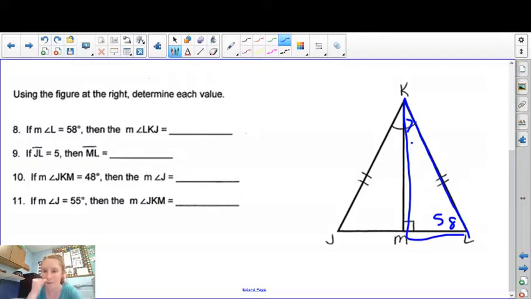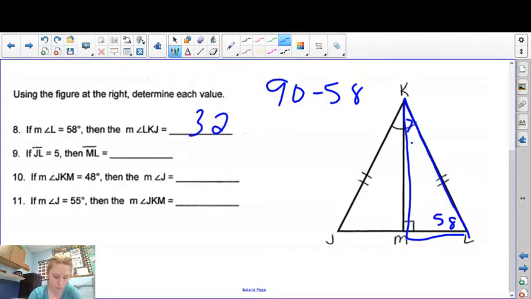I already have 90 of it, which means I only have 90 left. So 90 minus 58 would be 32. Oh, hey, I didn't read this correctly. My last letter is a J, not an M. So the question mark is 32.